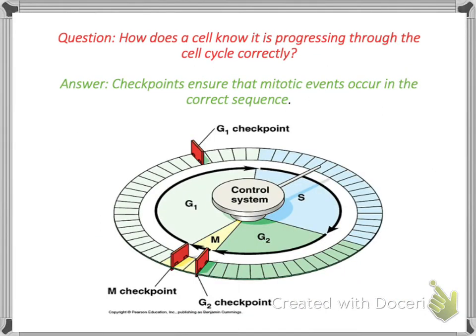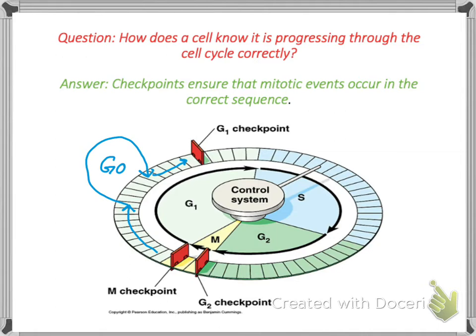All right, our next one was then, how do cells know that they're progressing through the cell cycle correctly? They have to go through G1, S, and G2 and M. How do they know they're doing everything right? Well, we just talked about the fact that they're going to go through G1, they're going to grow, and then they might hang out in G0, okay, until they're called to do so by a growth hormone or growth factor.